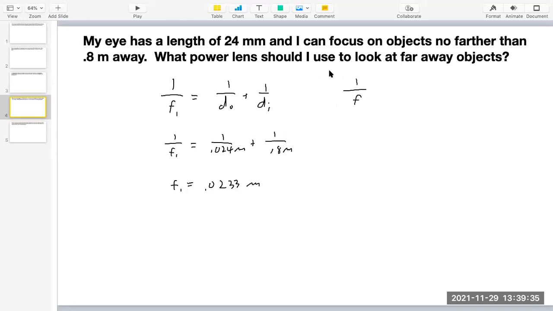So the combined focal length is going to be 1 over our new object distance plus 1 over our image distance. So our new object distance is very, very far. Infinity-ish, so it's just 0.